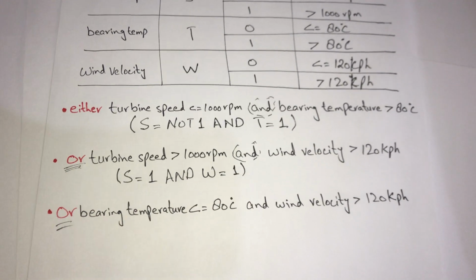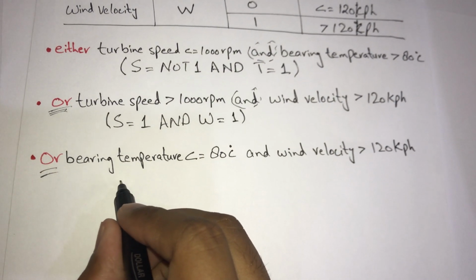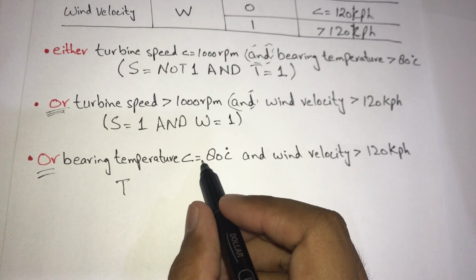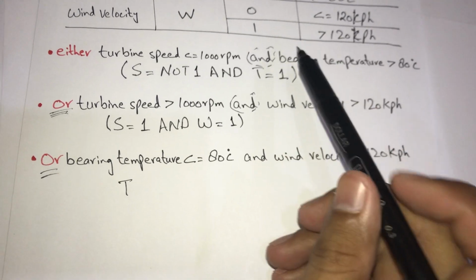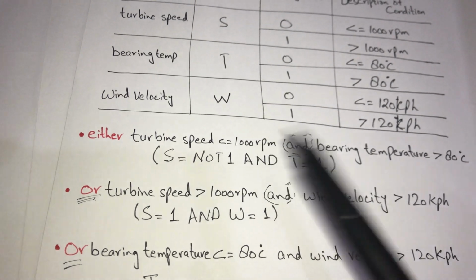And the last one, bearing temperature T less than or equal to 80 degrees has the binary value of 0 over here.